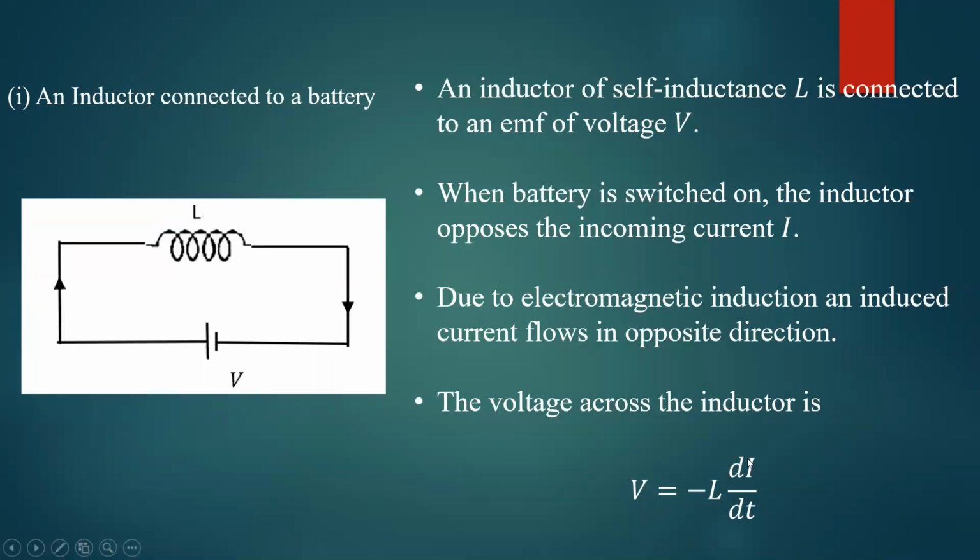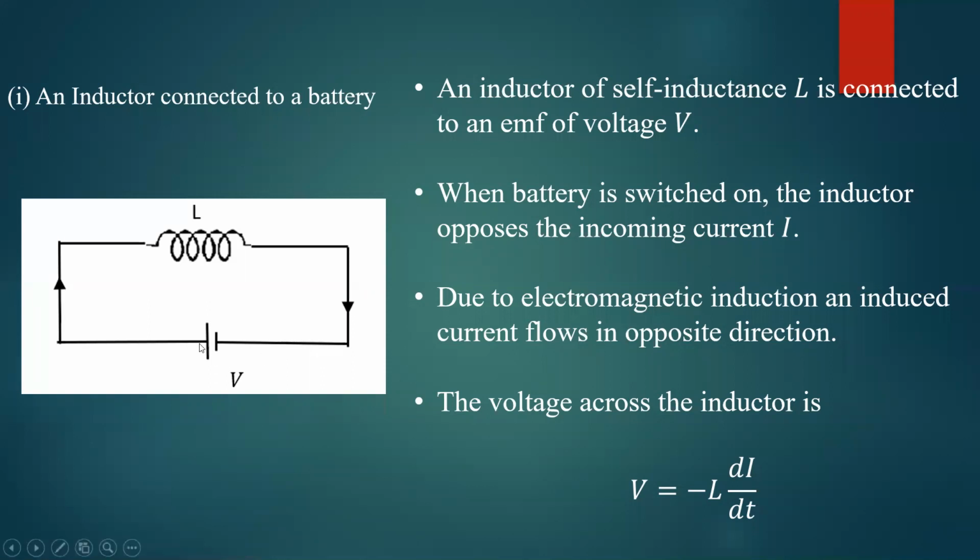You know that when there is a change in magnetic flux, the induced current is observed according to Faraday's law. This negative sign indicates that it is an opposite current to that of the incoming current. Okay, so V will be equal to minus L into di by dt, where di by dt is representing the rate of change of current.